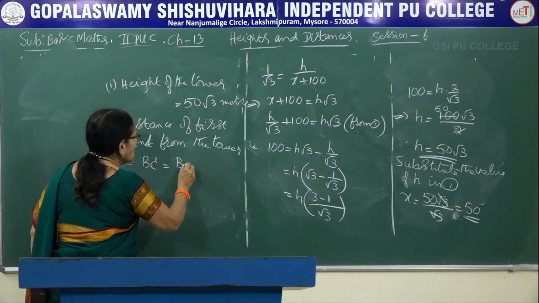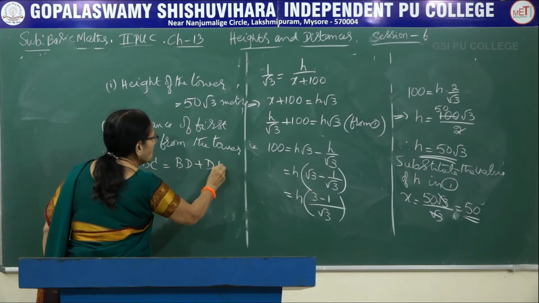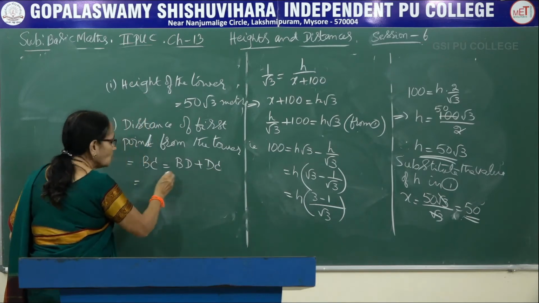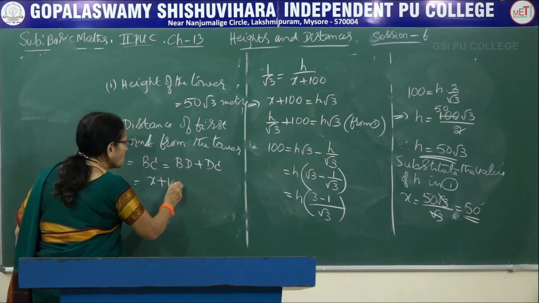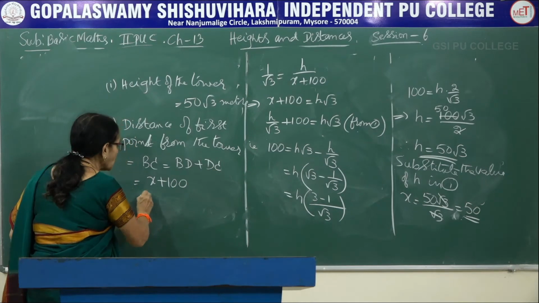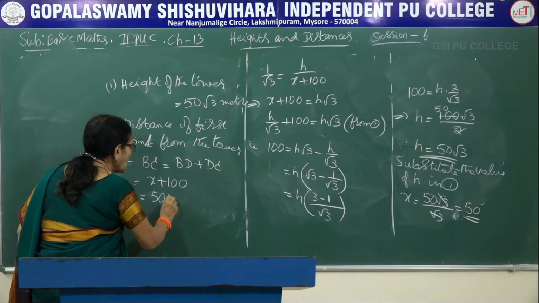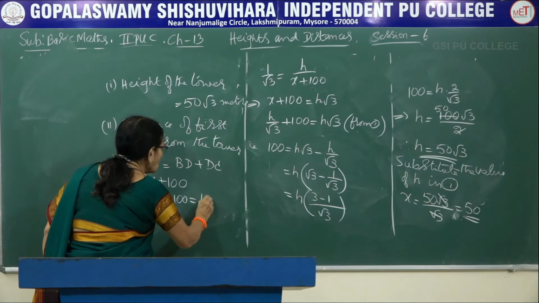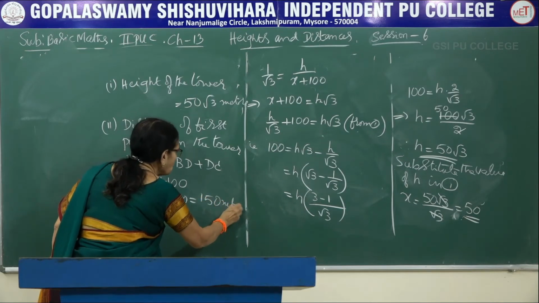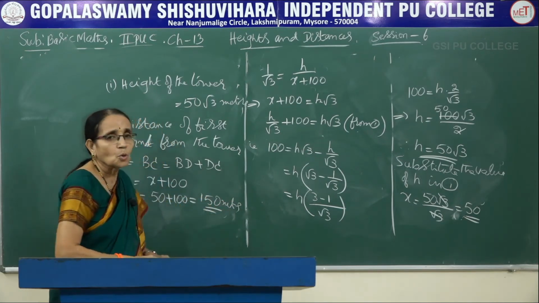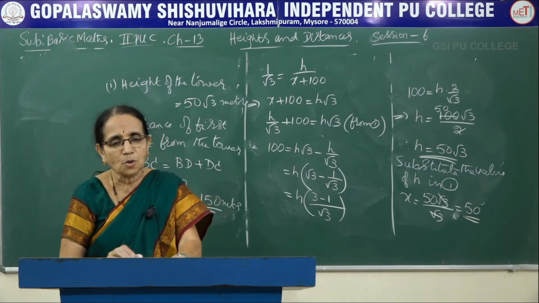BC was BD plus DC. Now BD was denoted as x plus 100. What is the value of x here? 50 plus 100, that is equal to 150 meters. So these are the two quantities which we were asked to find out.